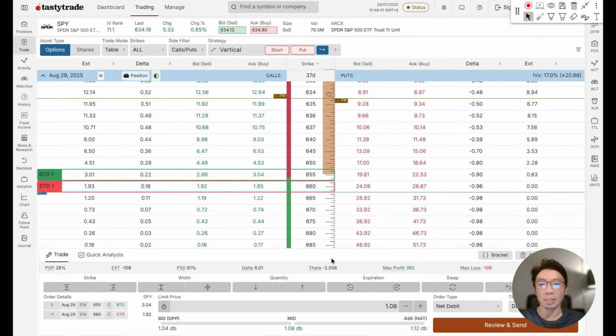However, I don't really like this strategy, mainly because you can see the pop is very low. So yes, your risk to reward is going to be higher than at the money, but your win rate is going to be very low. A lot of people just cannot handle this win rate because psychologically, we all want to win. If you have a win rate that's 28%, that means you're going to have a very long losing streak.